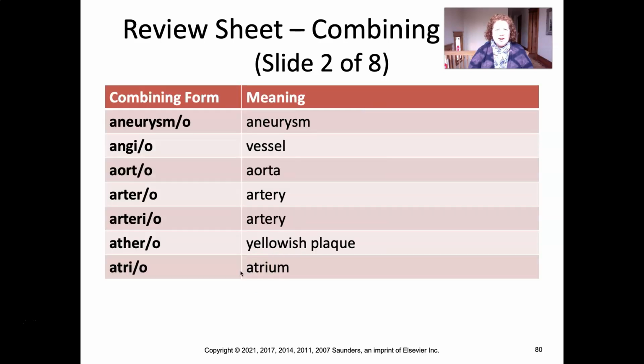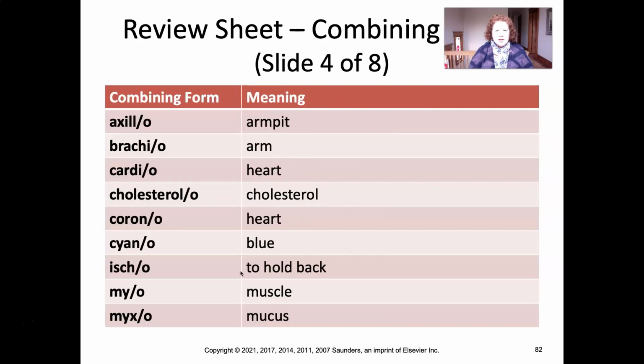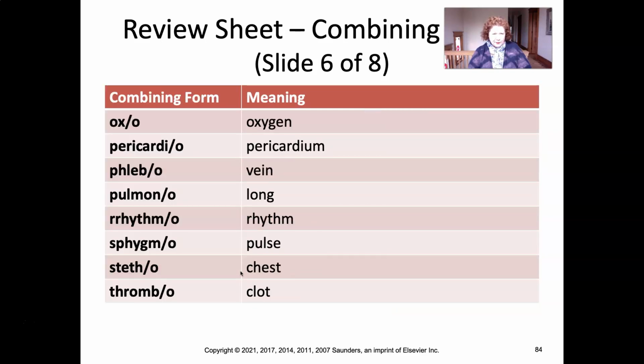All right, so our combining forms. Remember our equation. It is a root plus a combining vowel to equal our combining form. Aneurysmo, angio, aorto, arterio. See, there's two for artery. Athero, atrio, axillo, brachio, cardio, cholesterol, corono, cyano, ischo, myo, mixo, oxo, pericardio, phlebo, pulmono, rhythmo.